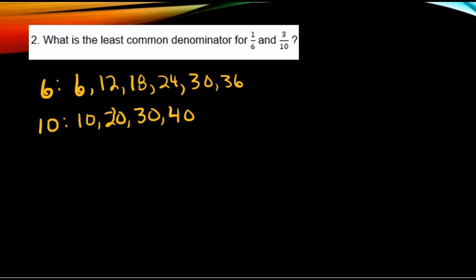There's no 18s in both of them. No 24s. But look, we have 30 in our 6 row and 30 in our 10 row. So our least common denominator is going to be 30.